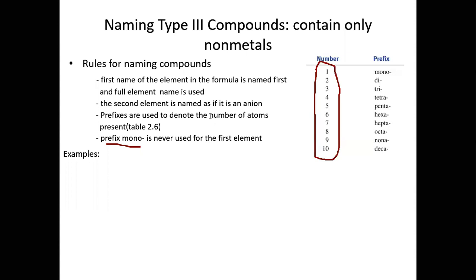So for example, if we had CO2, which everyone knows about, we don't say monocarbon dioxide, we say carbon dioxide. So again, since there's only one carbon in the first element, we just say carbon, we don't say monocarbon. Since there's 2 oxygen, it becomes dioxide. So this is a good way to remember that we never use mono in the first element. You think of carbon dioxide, we don't say monocarbon dioxide.